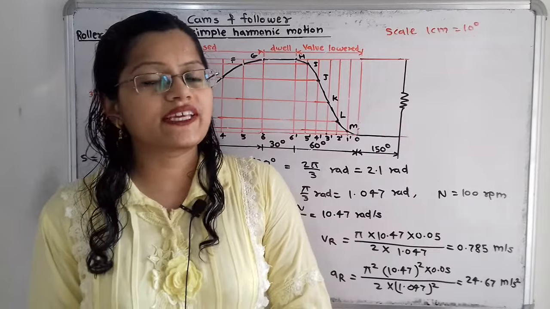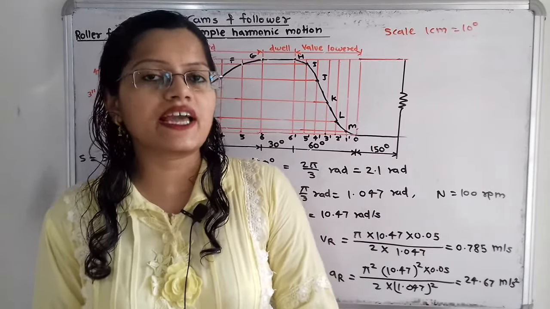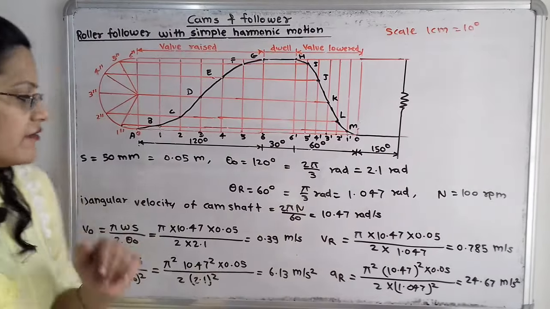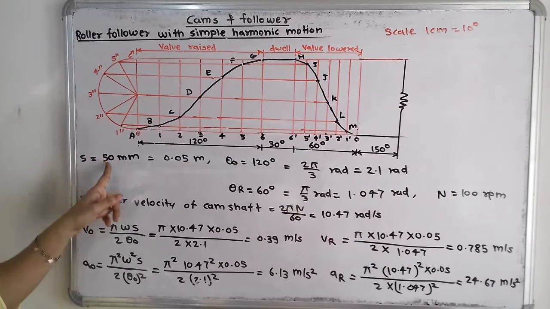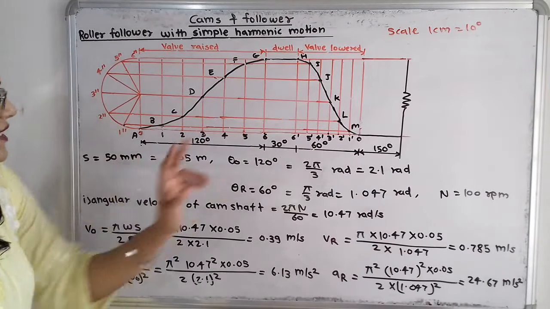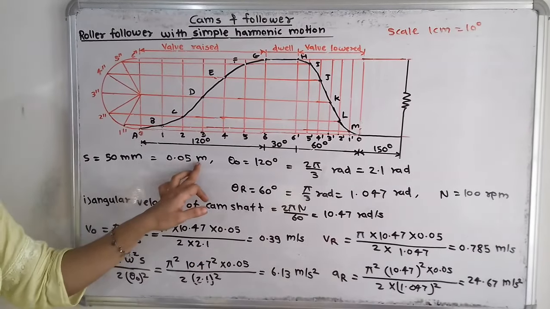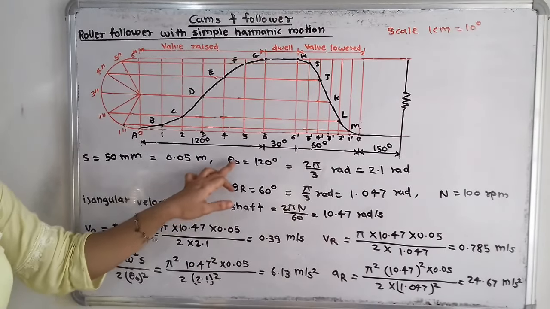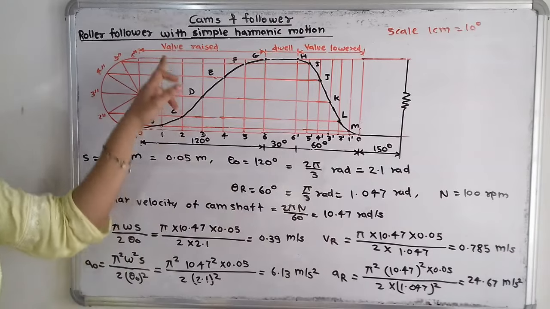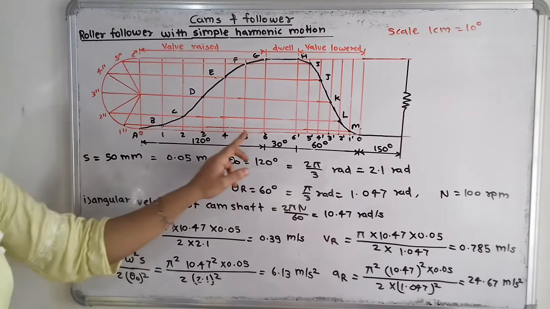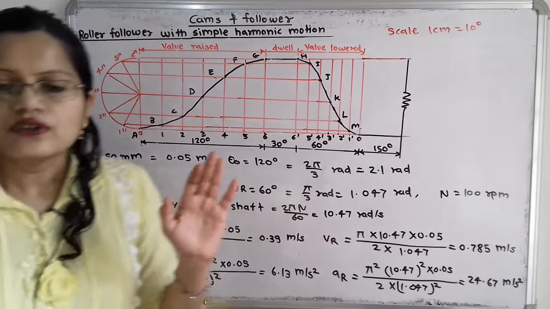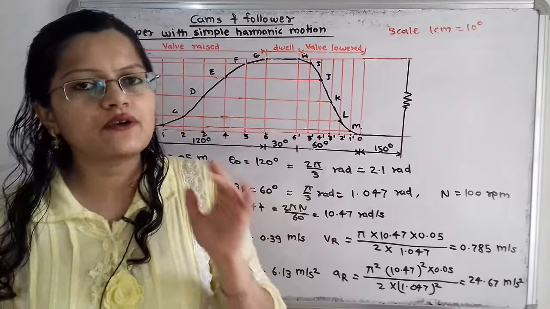Now we will move to the calculation part with the help of the given data. If we observe here, the stroke is given as 50 millimeter. So the stroke is 50 millimeter. In terms of meter we can write 0.05 meter. Then the angular displacement at outstroke, that is when the valve is raised, is given as 120 degree. So we have to convert it into radian.